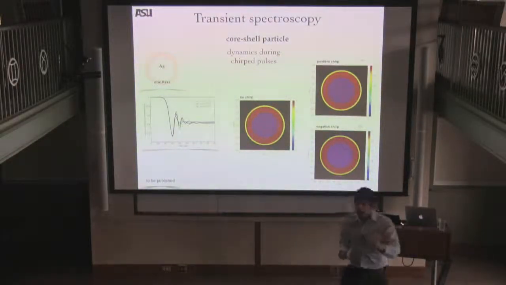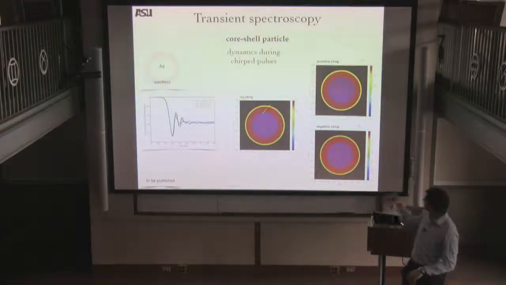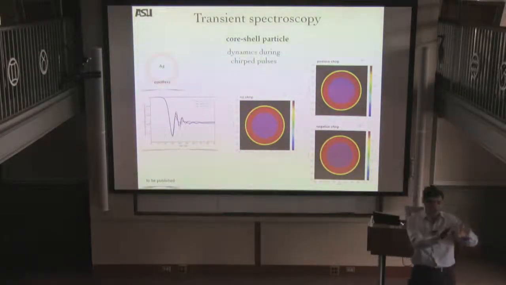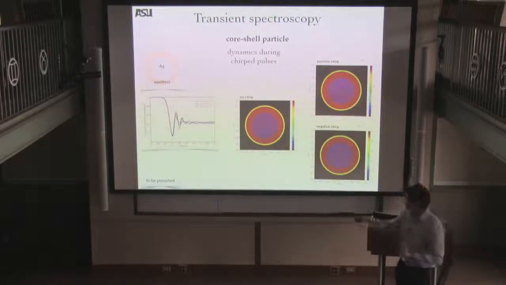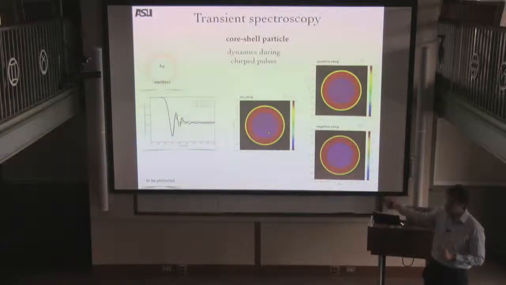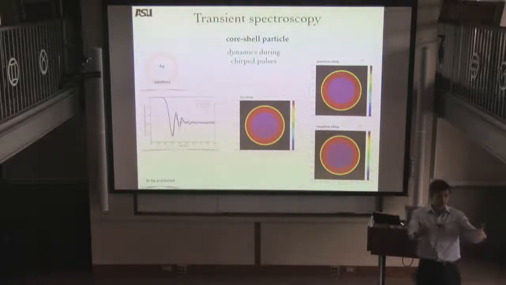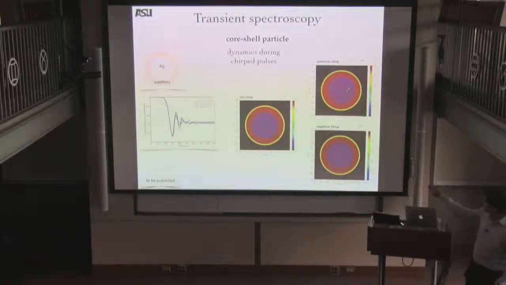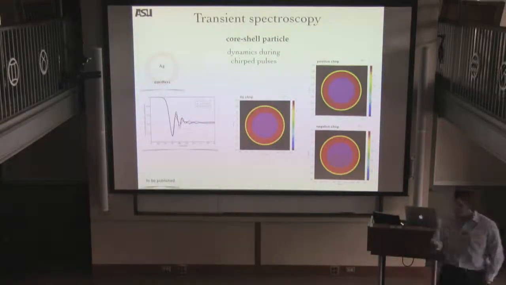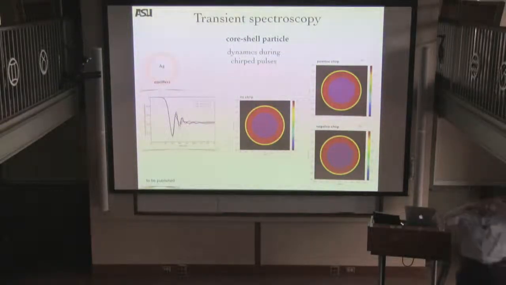I have to plot these three examples at the same time so that you can see the difference. Here my pump comes from the top and is horizontally polarized. This is no chirp, just a standard Gaussian pulse, then the positive chirp and the negative chirp. I would like you to look somewhere in the center to see the difference.